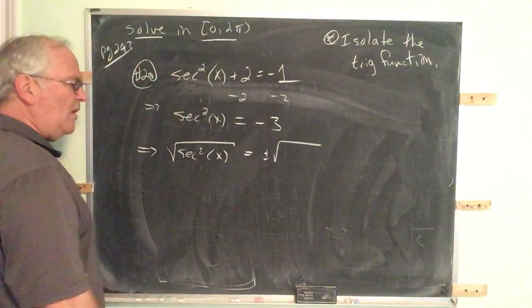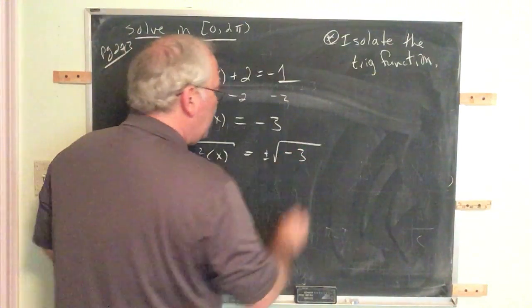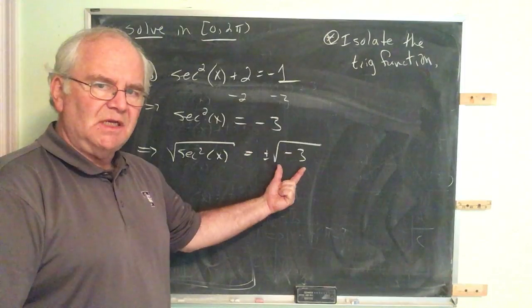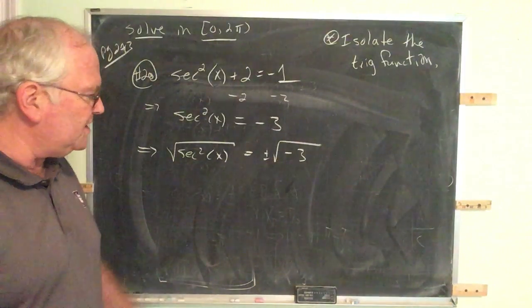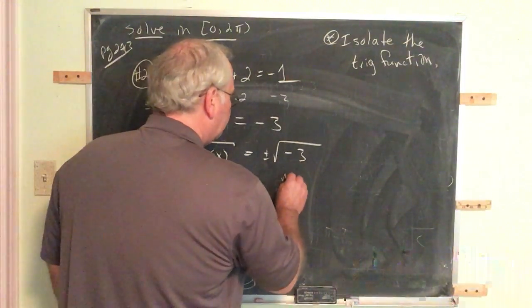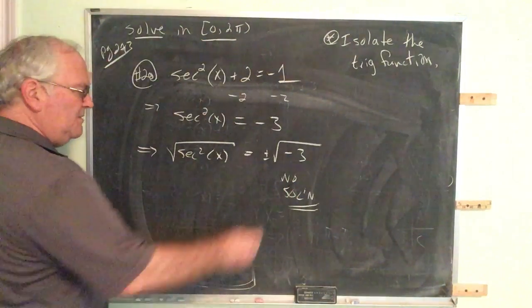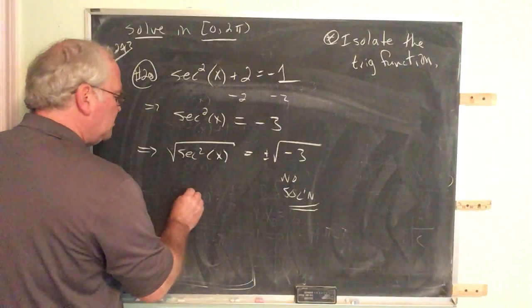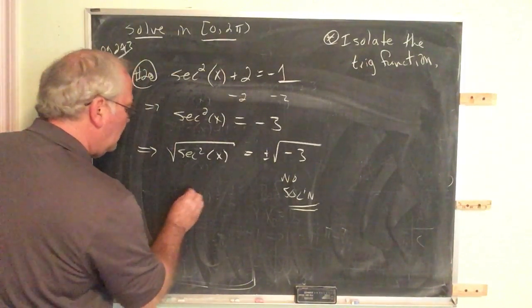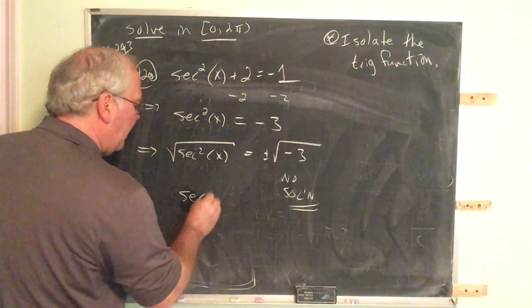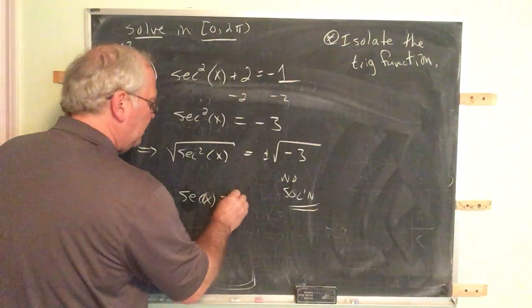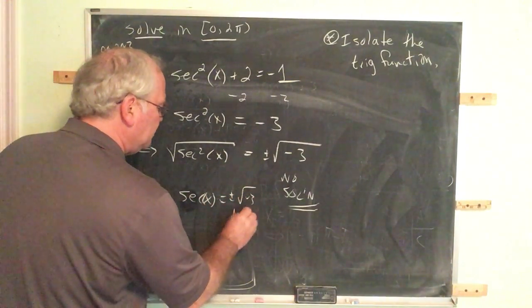Remember, whenever you take the square root of both sides of an equation, you must introduce the plus or minus. And the problem here, I think you can see, is that since we're limiting ourselves to the real number system, there's no solution here. All of our work is limited to the real number system. This would give us secant of x is equal to plus or minus square root of -3, but there's no solution.